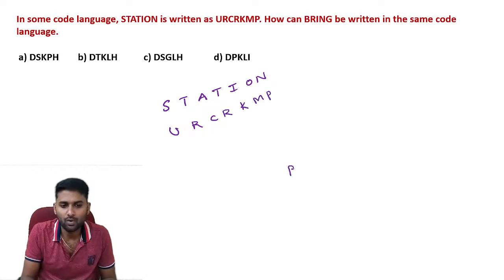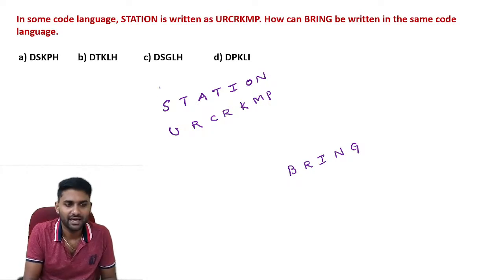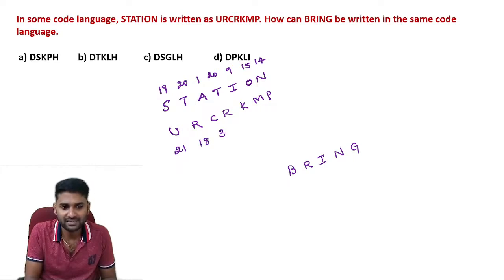Here the question is how BRING is coded in that code language. But guys, listen carefully. I will repeat the alphabetical positions. S is 19, T 20, A 1, T 20, I 9, O 15, and N 14. Now, in the same way, U 21, R 18, C 3, R again 18, K 11, M 13, and P 16.